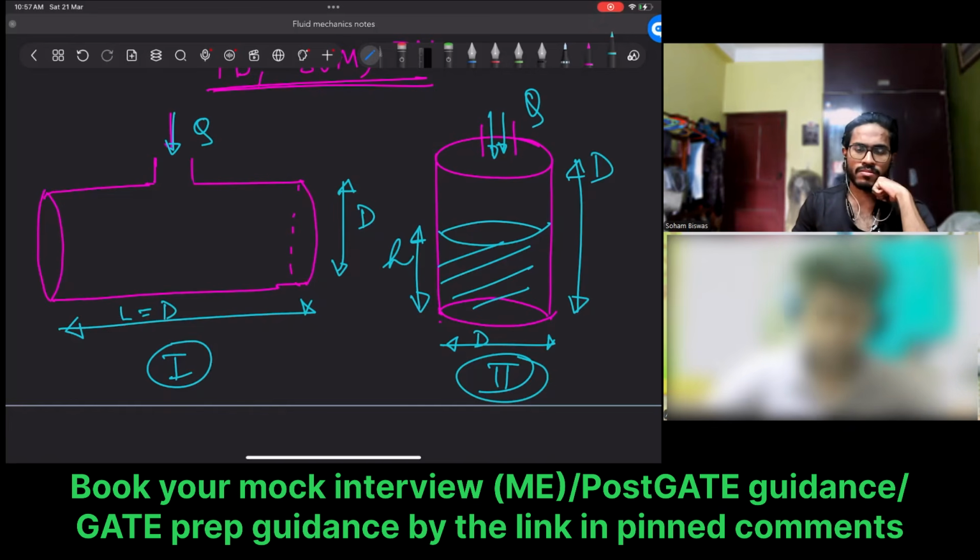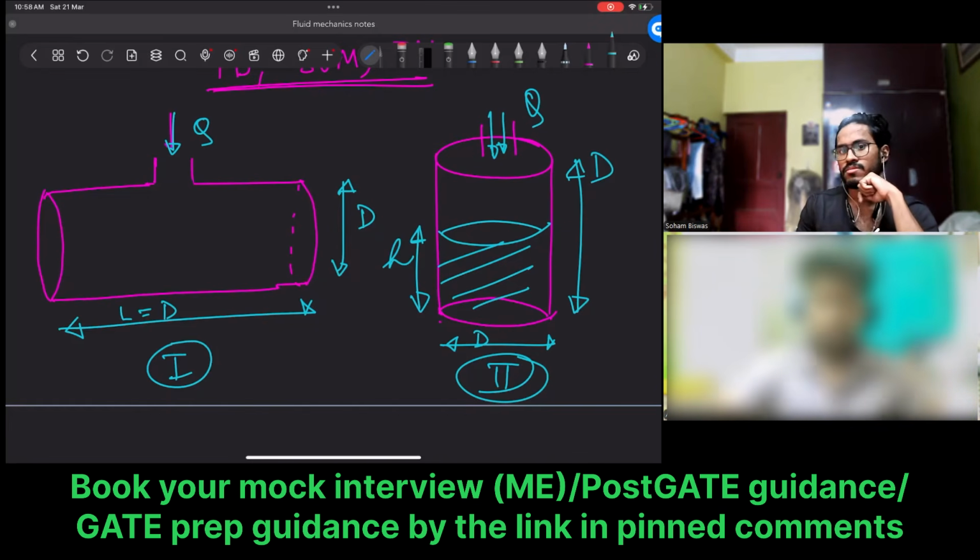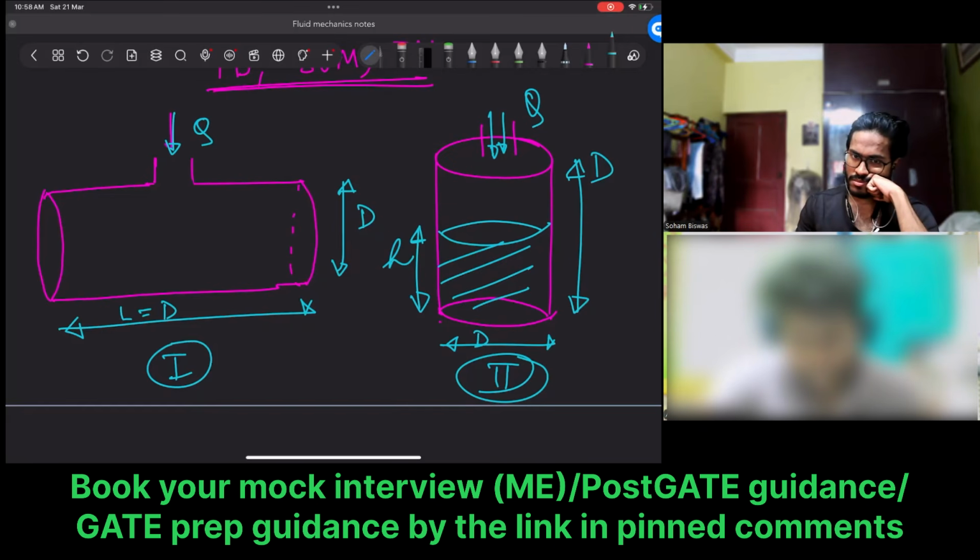Which is equal to Q by T. The area is increasing more. It will be non-linear, but area is varying.